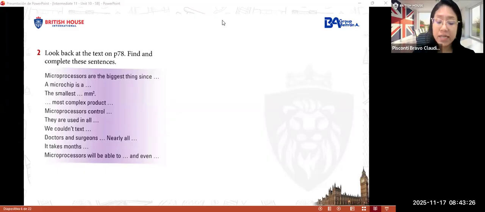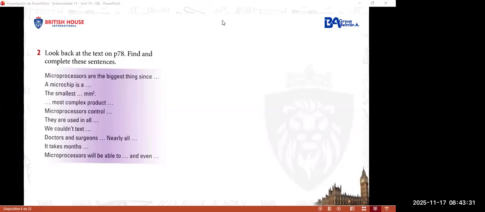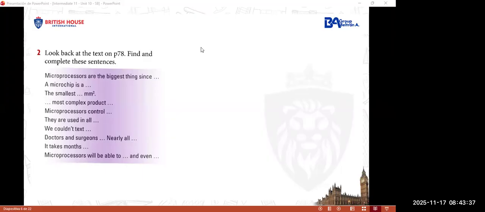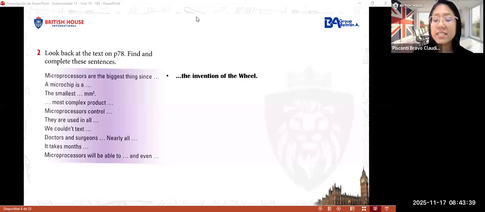Okay, Diana Cordova, tell us, please. Microprocessors are the biggest thing since the invention of the wheel. Of the wheel, yes, that's right. Very well. Now, Diana Gutierrez, continue. A microchip.